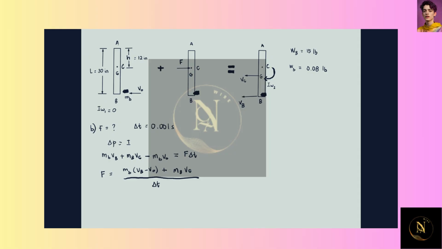So, using equation 2 and 3 from part A to solve for V sub B and V sub G, V sub B is 1.5 omega. So, that would be 1.5 times 24 radians per second, which is 36 feet per second.